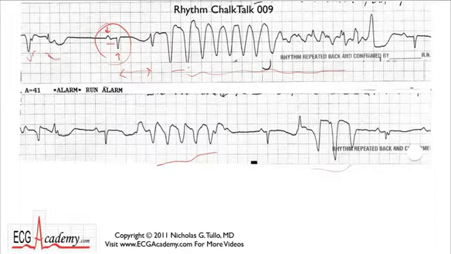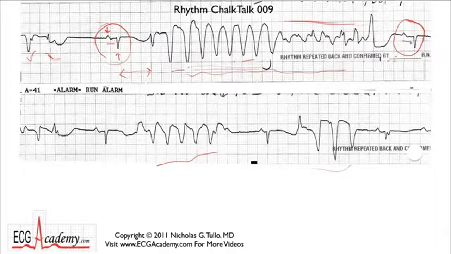It gets to be almost 180, close to 200 beats a minute at the end, and then it seems to change, doesn't it? You have these wide beats, and then it changes its appearance, and now you've got these funny, crazy looking beats, and then it finally stops, and you get another normal beat.